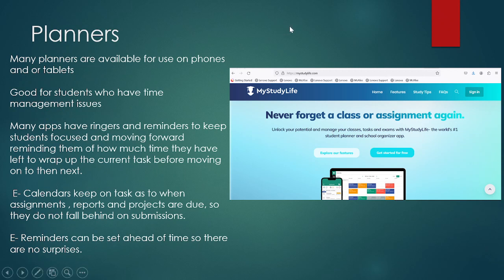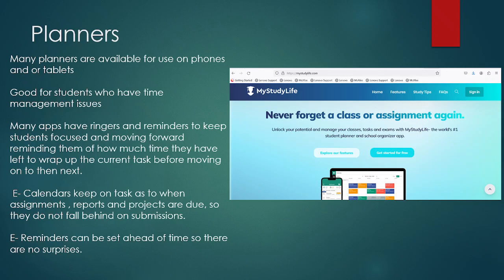Going back again to time management, on a different aspect of time management, things like planners. These are good for students, and they're available on your phone and tablet, and some of them are actually part of your iPhone. They come with them. But there are also aftermarket ones, and ones that are on your computer as well.